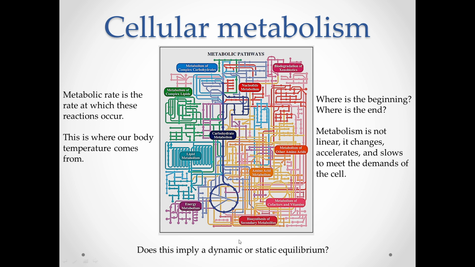Not all pathways are activated at the same time. And so while the metabolic rate of lipid metabolism might be upregulated at certain points in time, amino acid metabolism might be downregulated.